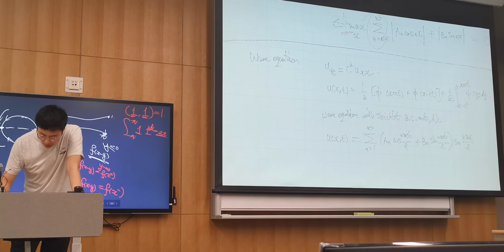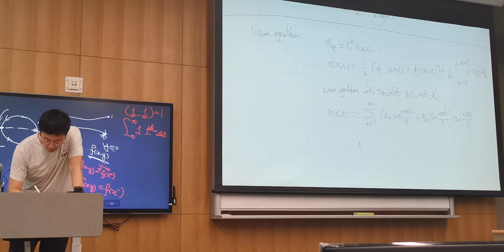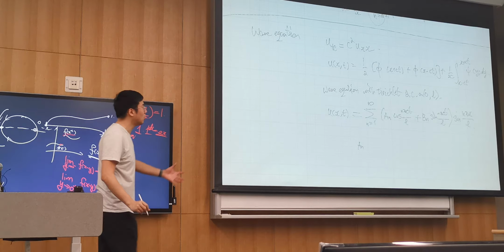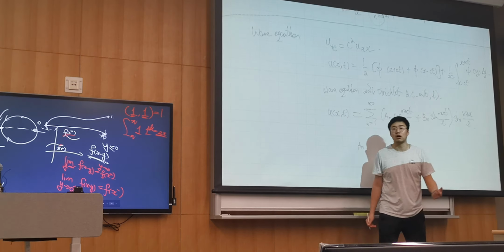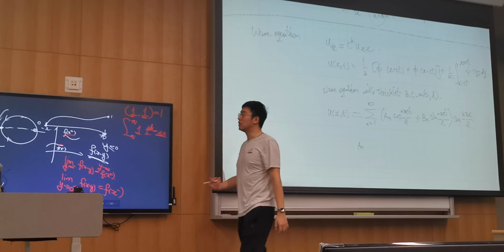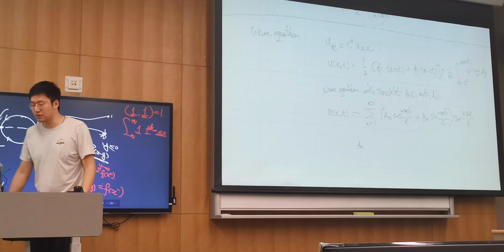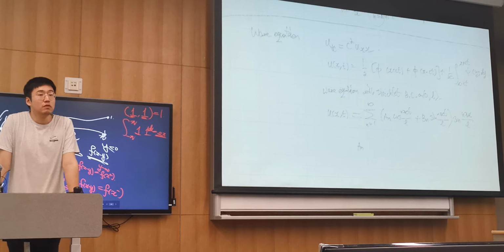And what exactly are the a_n and b_n? Because you see here, the cosine(n pi ct over L) and sine(n pi ct over L) are exactly the eigenfunctions for time.